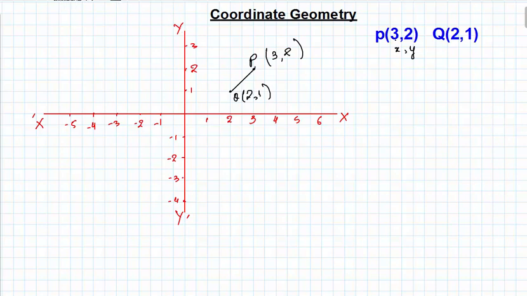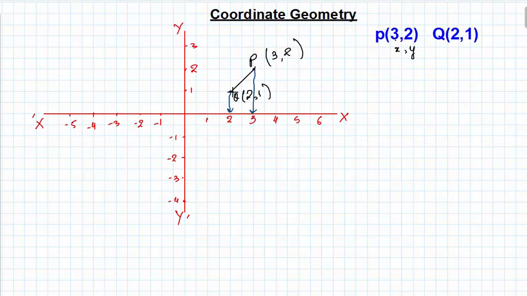When we see here that this point Q is straight from this 2, and this point Q and this point P touches the x-axis line at 3.